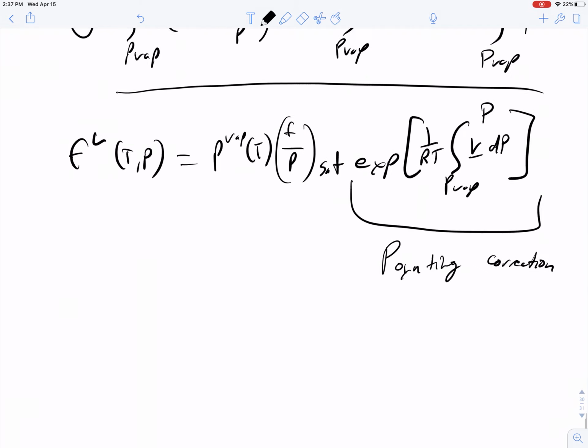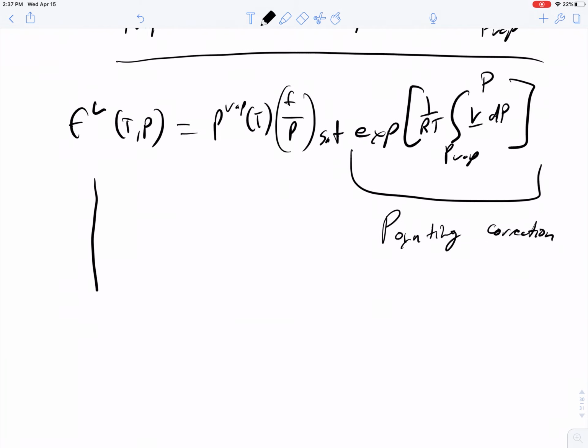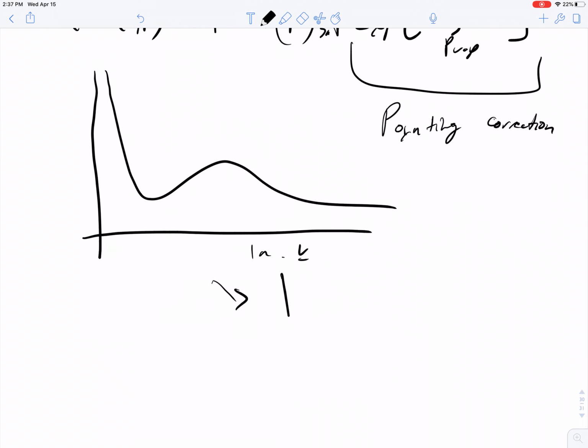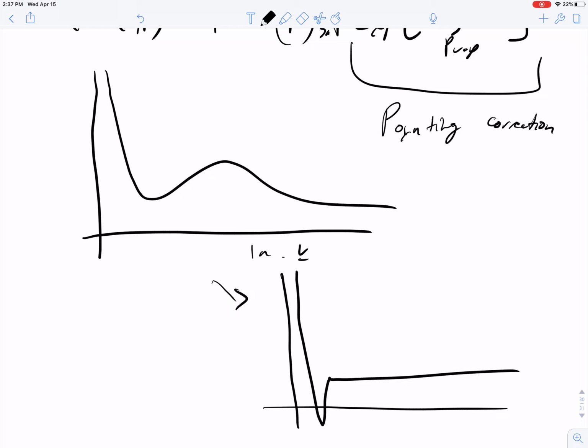Because in real life, this graph that we've been showing is on a log scale, log V. If you were to convert this to a linear scale, it looks like this, stretched out in a weird way. This profile of pressure versus V is extremely sharp, so V for the liquid phase density is essentially a constant.